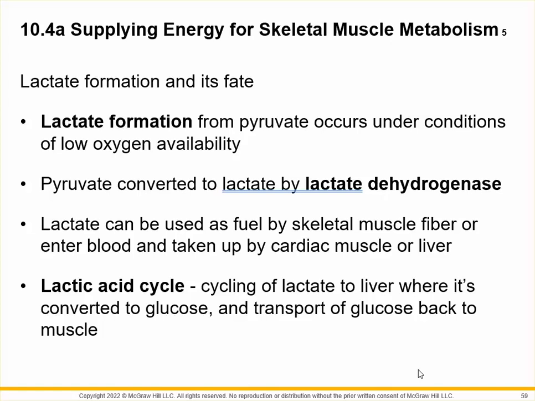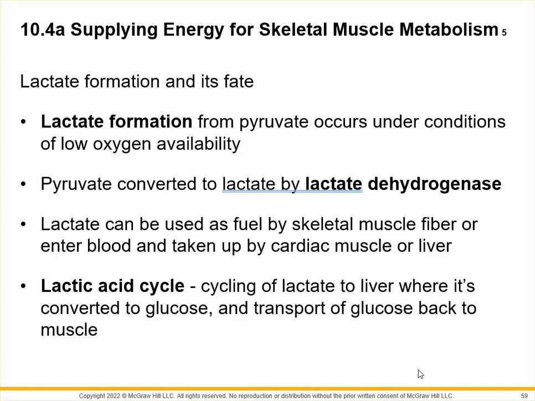Okay. If there's no oxygen or low amounts of oxygen available, the pyruvate becomes lactate, lactic acid, and the lactic acid is what changes the pH, causes some pain, but it can be used as fuel and brought back in to make ATP 5 minutes after you finish the race.